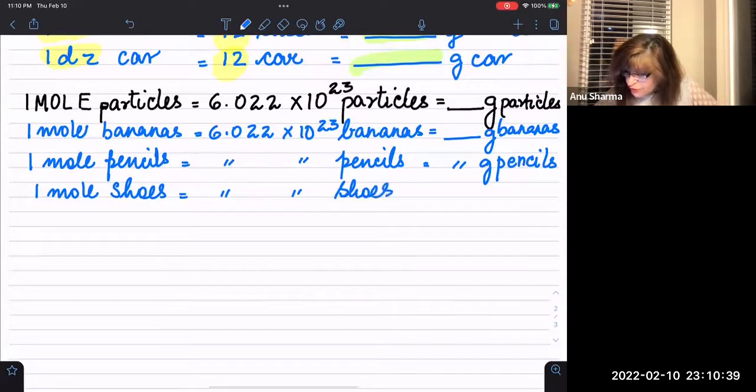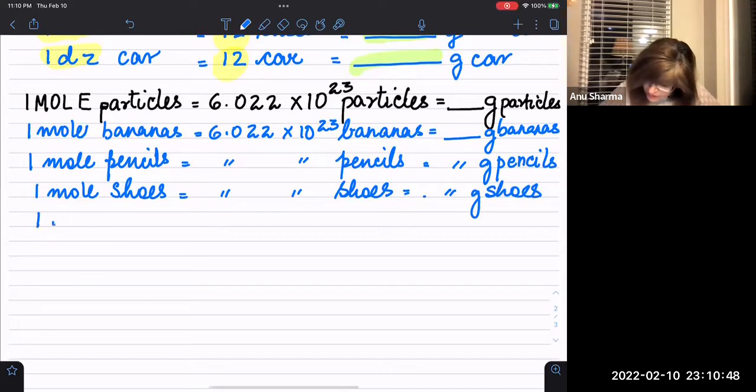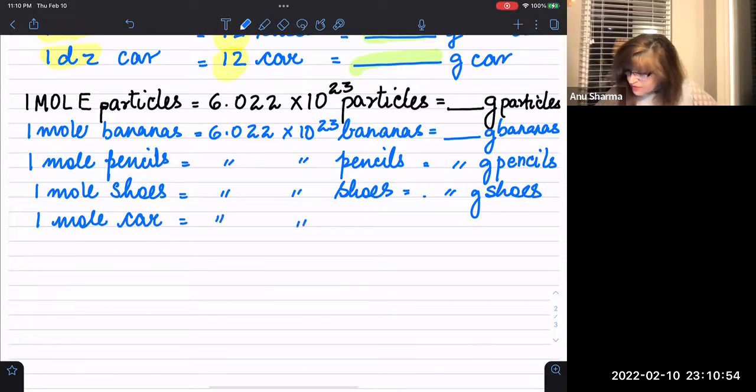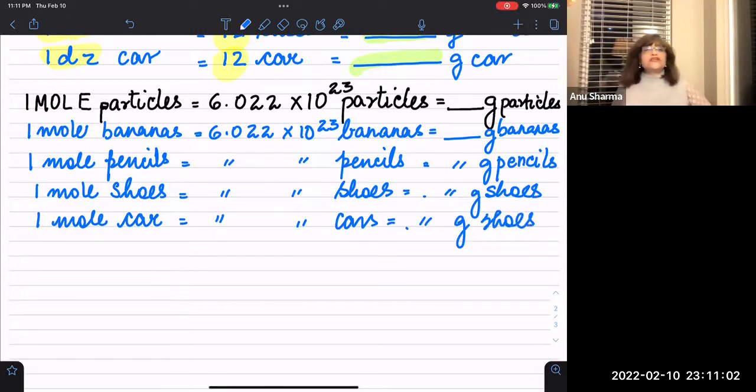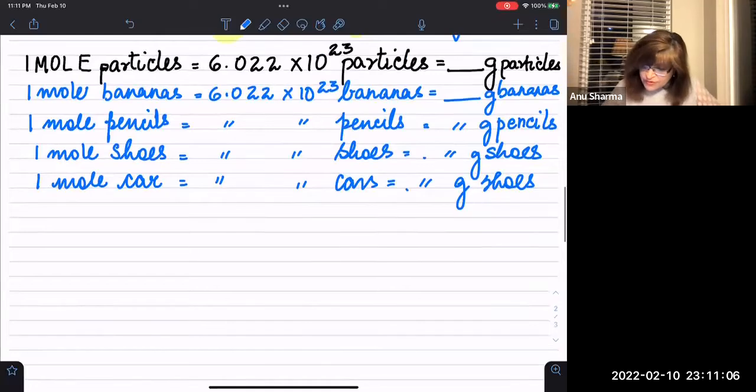And what is the weight of those shoes? You have to weigh it and you will see it. So that is in grams of shoes. Next is 1 mole of cars. Same story, 1 mole of cars, a lot of cars. So these cars, again, will have a very different weight. That's why they prefer to use larger units, like tons. Anyways, so that's one story.